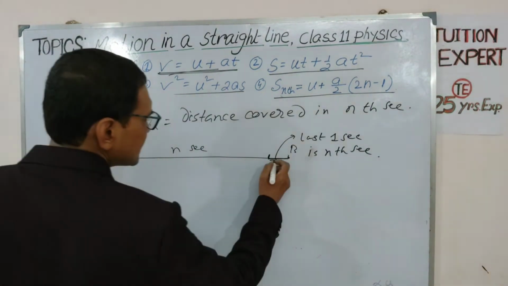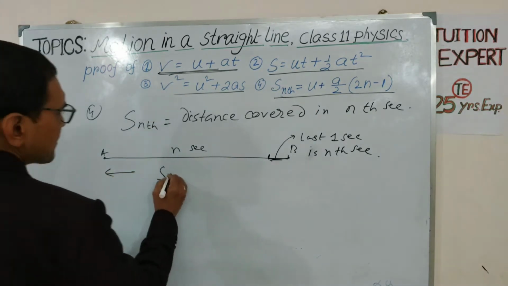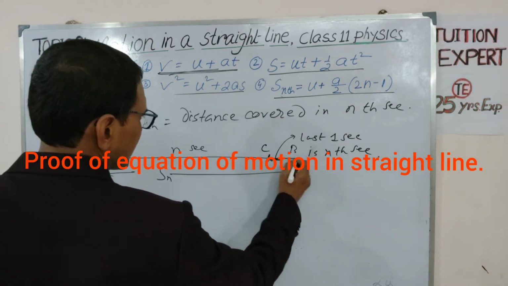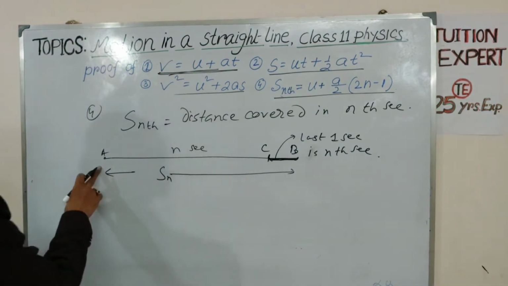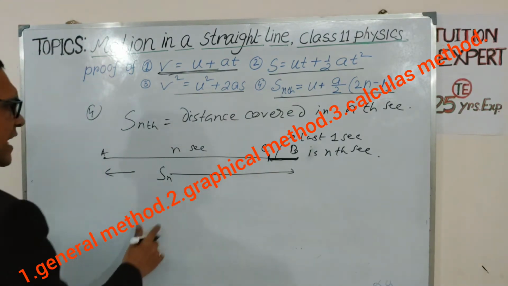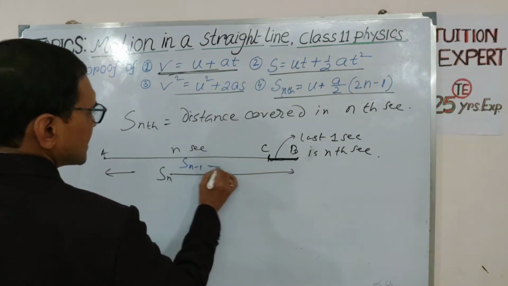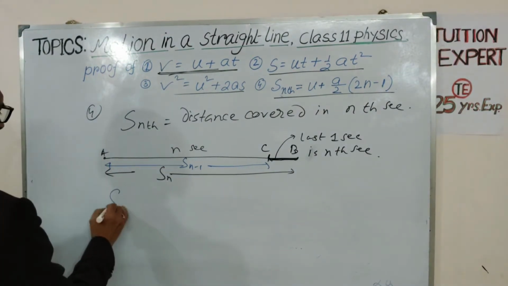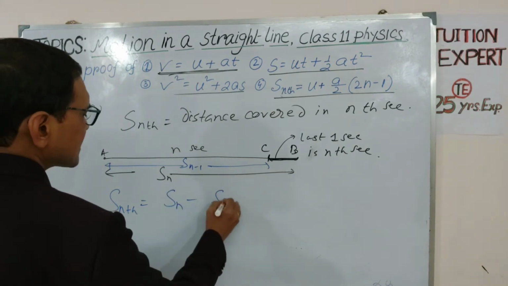So what is the distance travelled in the last 1 second? For this we have to calculate Sn. Sn means distance travelled in n seconds. Suppose this is C, this is B, last 1 second. Time taken to go from A to B is n seconds, so this is Sn, and this is Sn minus 1, the distance travelled in n minus 1 seconds. So the distance travelled in the last 1 second is Sn minus S(n minus 1).